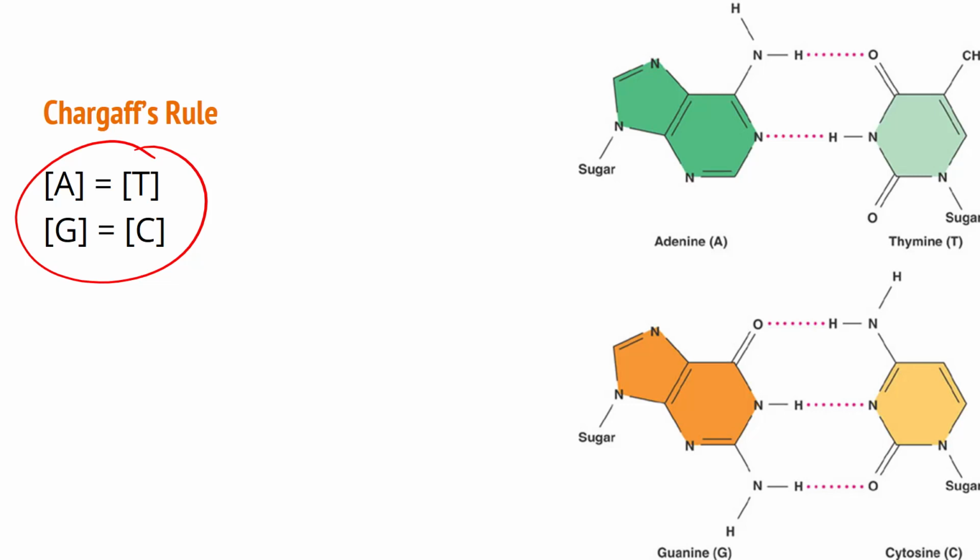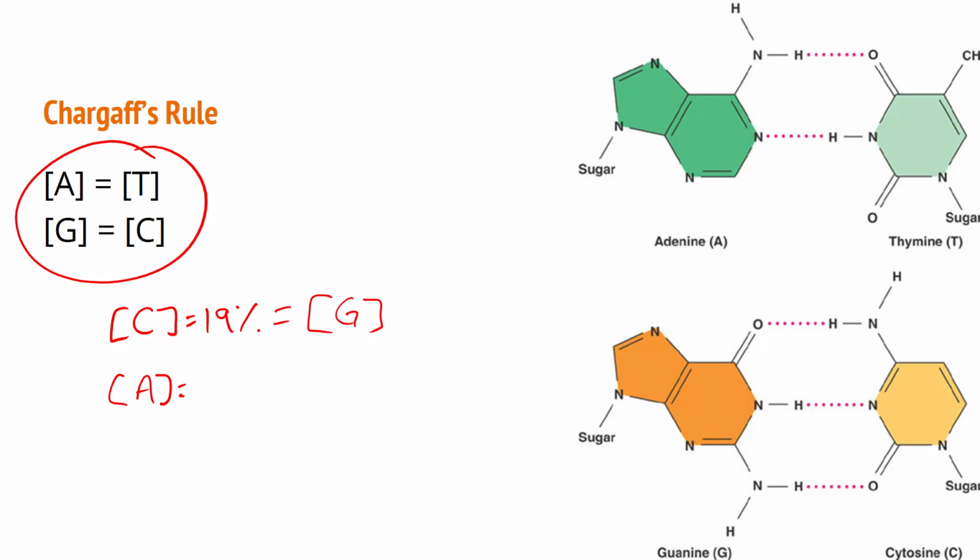So say you have 19% C. How do you find how much you have of A? If the concentration of C is 19%, what's the concentration of A? Who wants to help me out? You can just take 50 minus 19, since we know that C is going to be equal to G, so the remaining percentage will be equal.